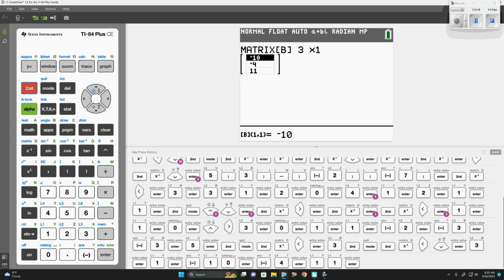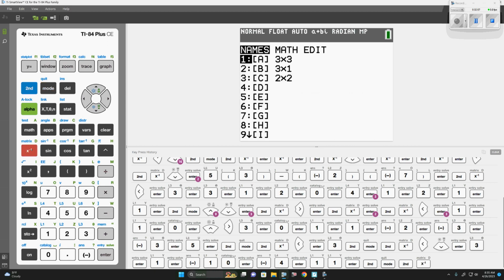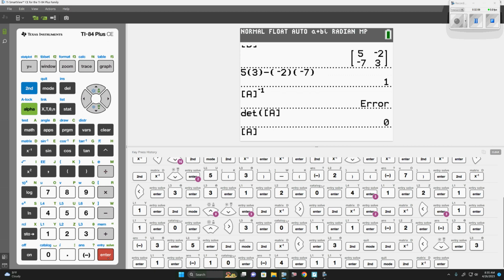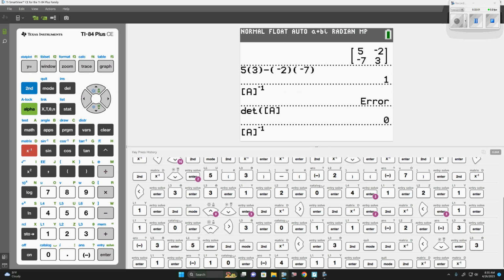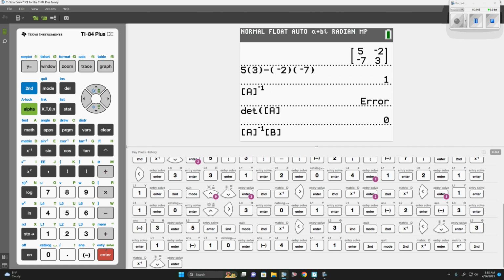So we have the two matrices plugged in, yes? Now we don't want to do matrix A times matrix B. We want what? A inverse. So I can go matrix A inverse second matrix B, because that's what we said. Our x, y, z, our 3 by 1 matrix with our variables is equal to A inverse times B. Enter.